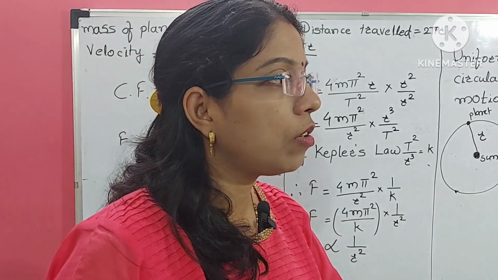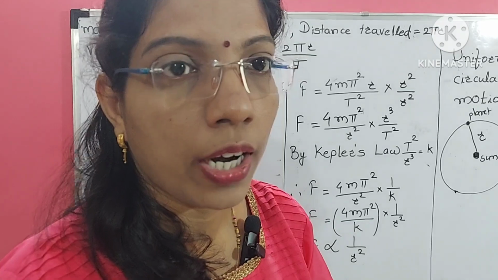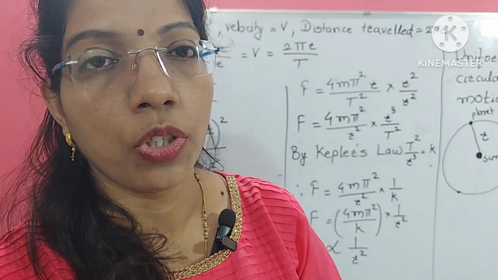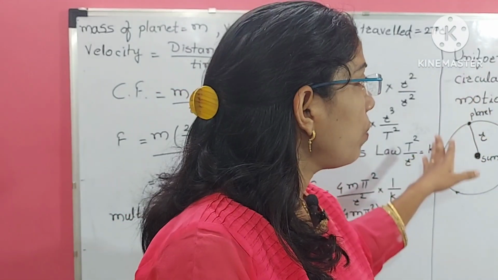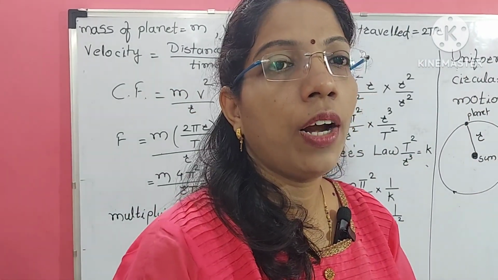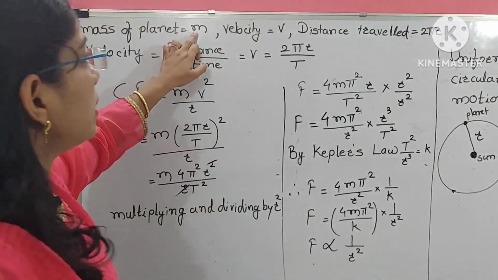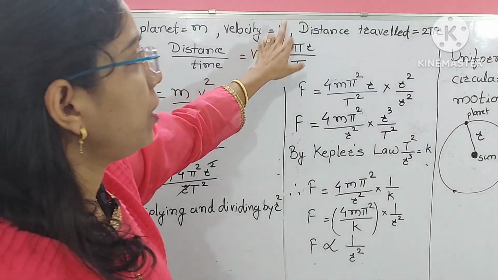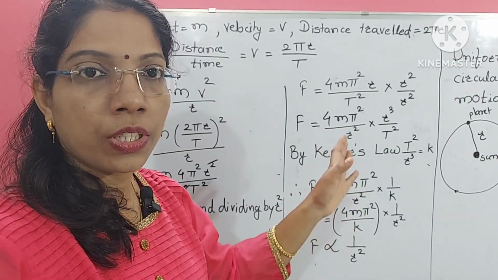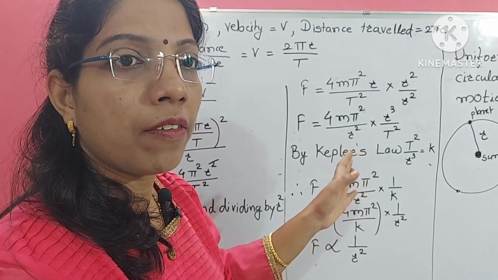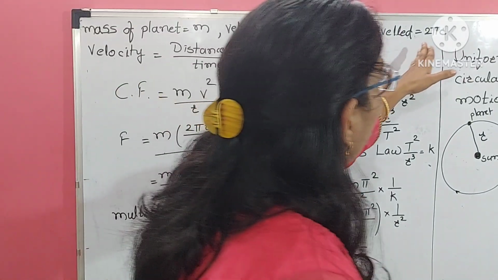Uniform circular motion means equal distance is covered in equal intervals, like the hands of a clock. We assume that the mass of the planet is m, the velocity of the planet is v. The circumference of a circle is 2 pi r, so the distance traveled by the planet is equal to the circumference of the circle. Therefore it is 2 pi r.